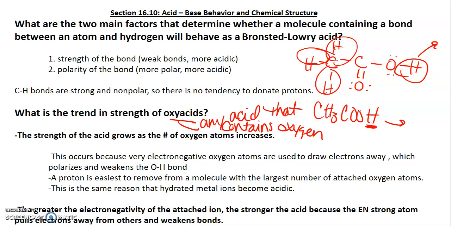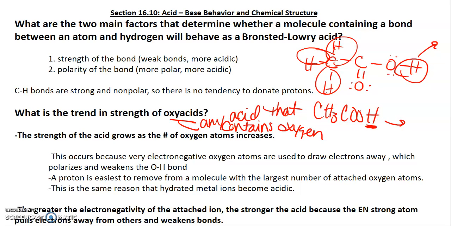The reason is that oxygen is very electronegative, so it draws the electrons away, which polarizes and in turn weakens the OH bond, making it more acidic. When this happens, a proton is easily removed from the molecule with the largest number of attached oxygens. Again, more acidic. For this same reason, hydrated metal ions become acidic.